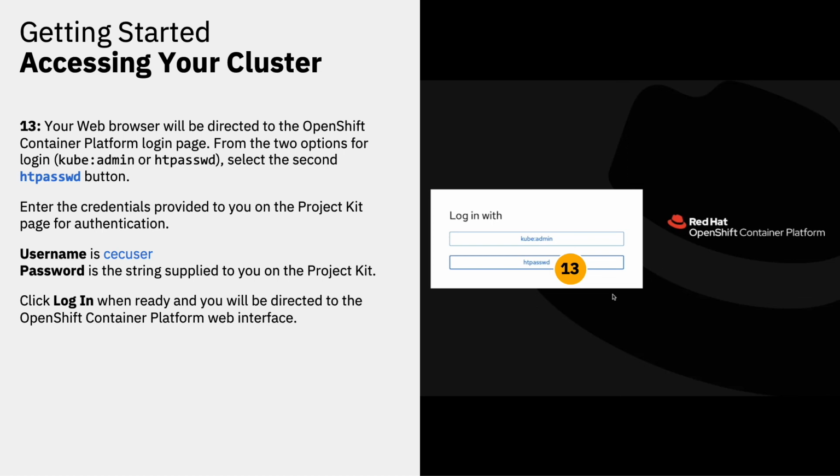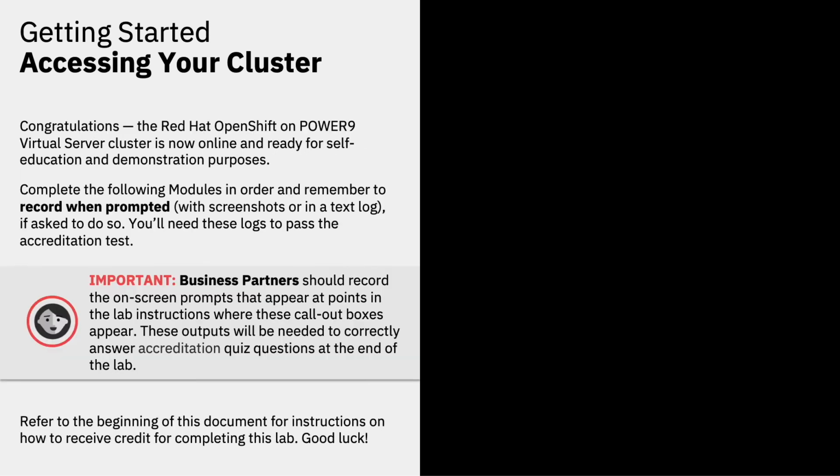Enter the credentials provided to you that you gathered earlier from the Project Kit page and use those for authentication. Your username should be set to CEC user, and the password is the string supplied on your Project Kit page. When you're satisfied and ready, click Login, and you'll be directed to the OpenShift Container Platform web interface dashboard. With that, your Red Hat OpenShift environment is now online and ready for self-education and demonstration purposes.